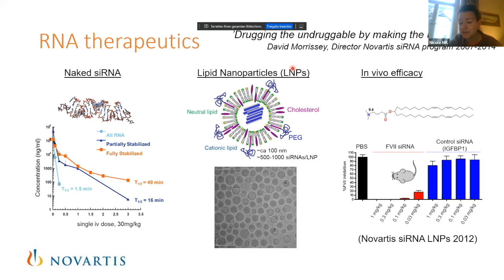As early as 2007-8, we were already working on early generations of lipid nanoparticles, and already back then it was quite clear that these formulations work. They resulted in silencing in various tissues, obviously mostly in the liver in vivo, but it was always clear that it's all about the therapeutic index and about adverse effects related to the cationic lipids within the lipid nanoparticles.